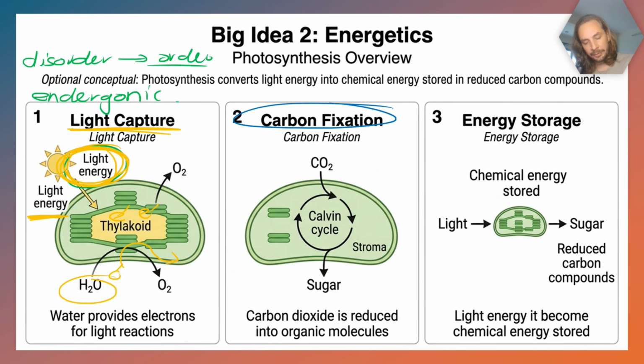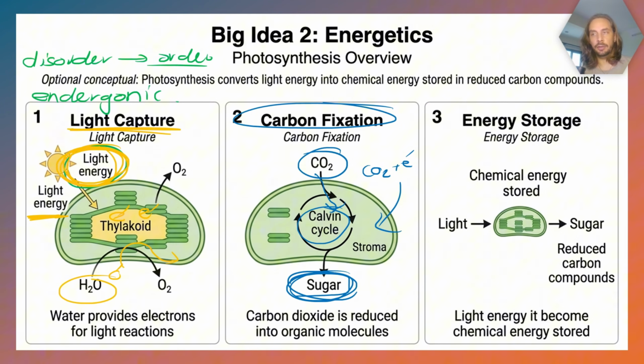Then we have carbon fixation. So this is during the Calvin cycle where carbon dioxide is fixated into sugar, meaning we take carbon dioxide and we add electrons to kind of build the sugar molecules. We are reducing it. We will learn about oxidation and reduction in this lesson.